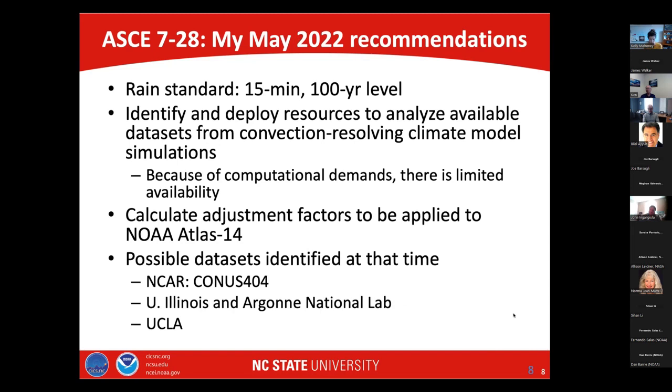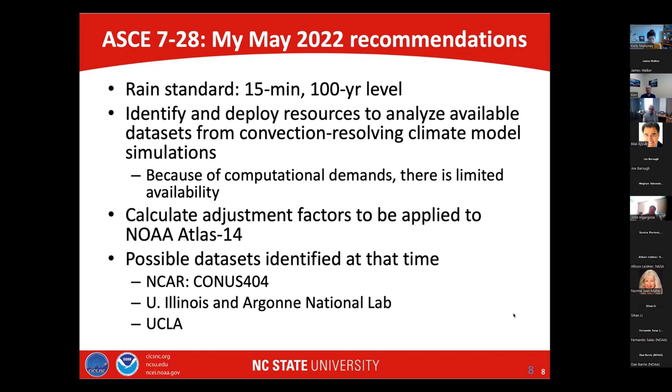So what were my May 2022 recommendations for the rain load standard? Well, it was to identify and deploy resources to analyze available data sets from convection-resolving climate model simulations. I'll get into that in a little more detail later, but because of computational demands, there is limited availability.